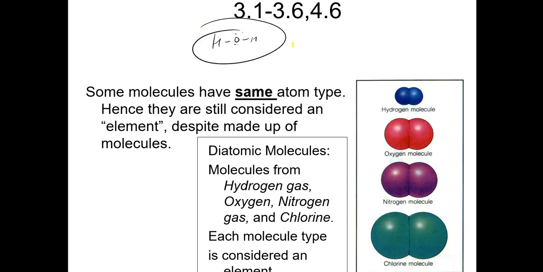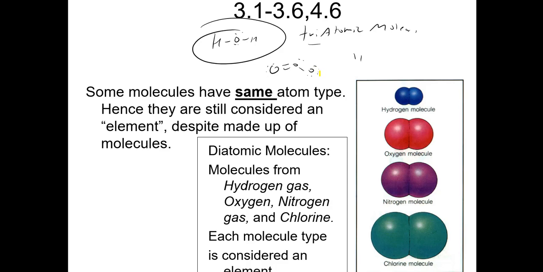So in this case, if there are 3 atoms that make up the molecule, we call it a triatomic molecule. So tri means 3. Ozone, O3, is also a triatomic molecule.